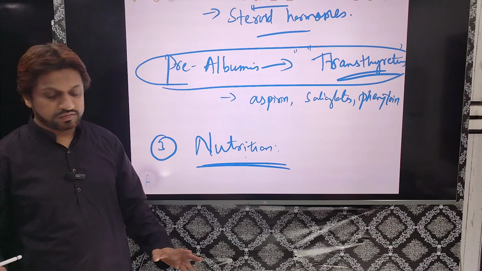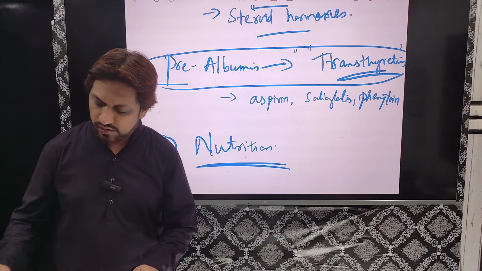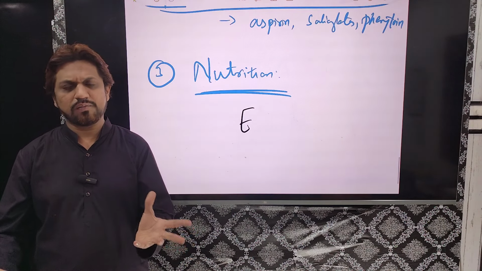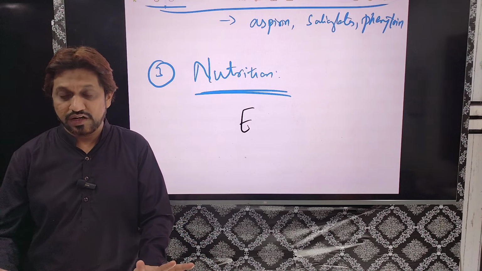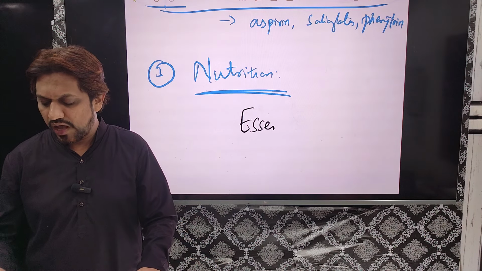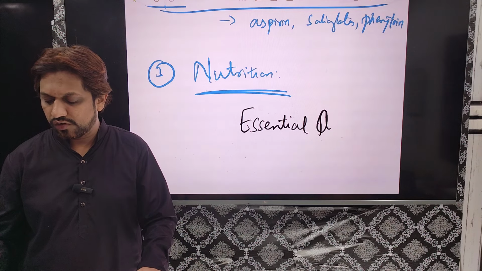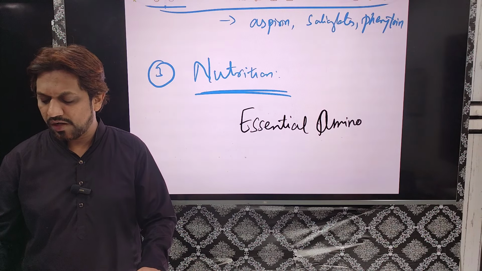Since albumin is a source of essential amino acids, it is basically a protein made up of, sorry, not fatty acids, essential amino acids.